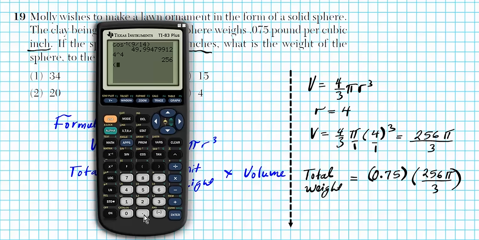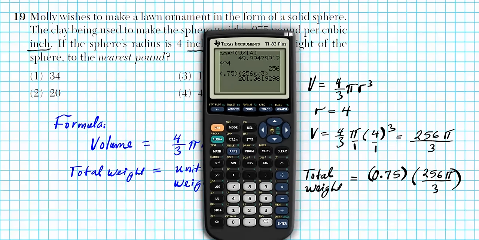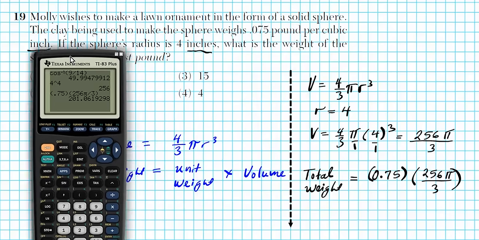So 0.75 times 256 pi divided by 3, and your answer is 201. Well, it looks like I made a mistake in my entry. Let's do that again. Okay, I see what the mistake is.